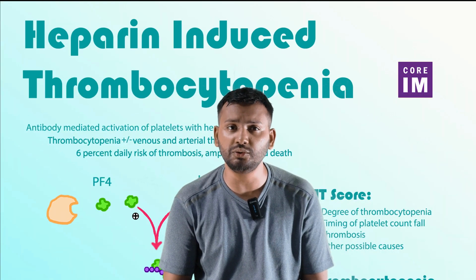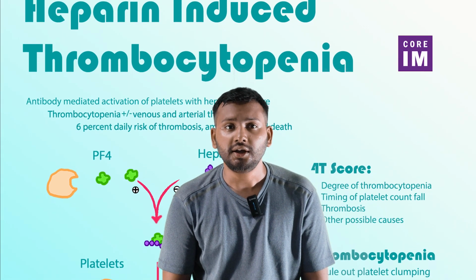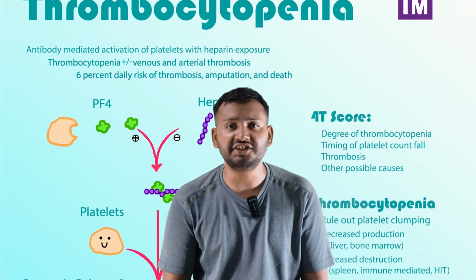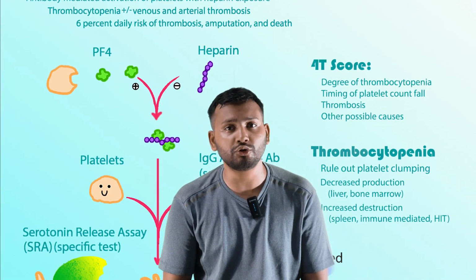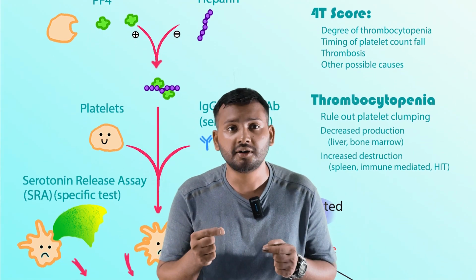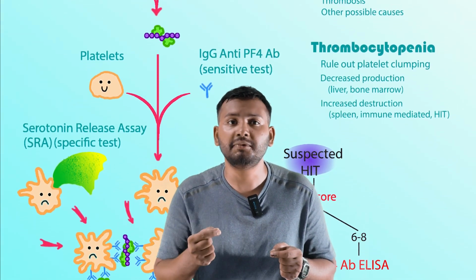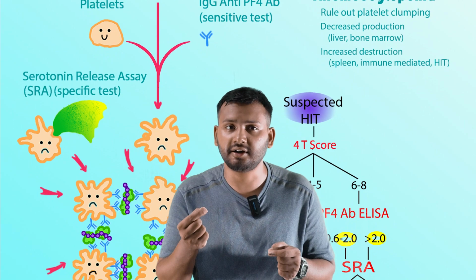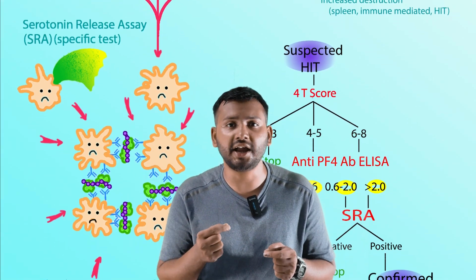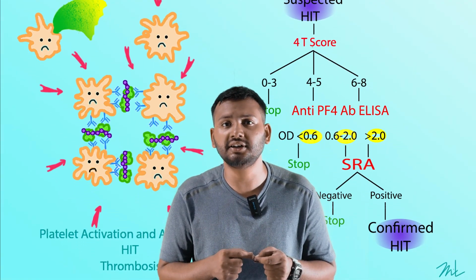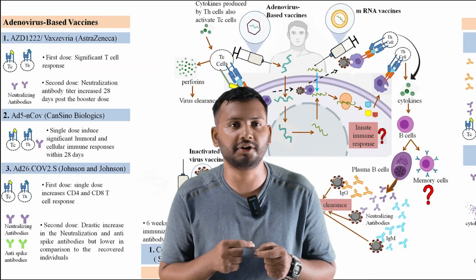The pathogenic mechanism of VITT, recently explained by Andreas Greinacher of the German Greifswald group, is similar to heparin-induced thrombocytopenia. In this complication, an IgG type of antibody causes a prothrombotic condition that detects a multimolecular complex between the cationic platelet factor 4 and the anionic heparin, and triggers platelet activation through the FcγRIIa receptor.